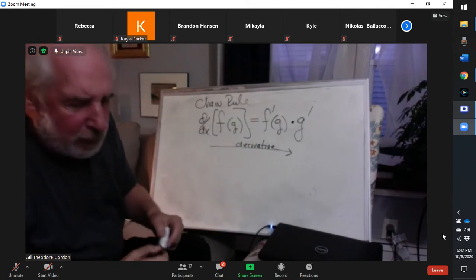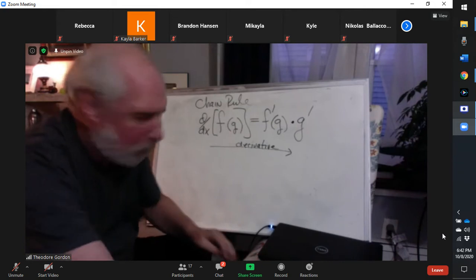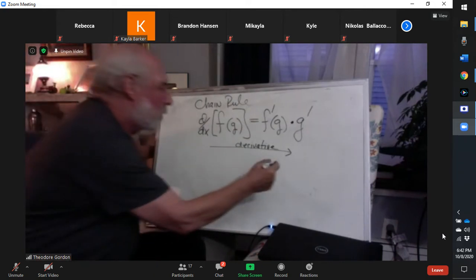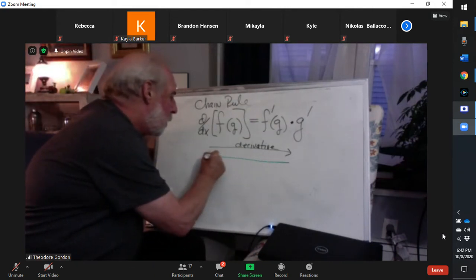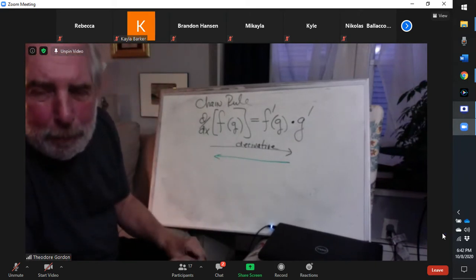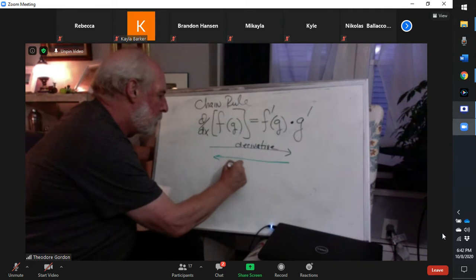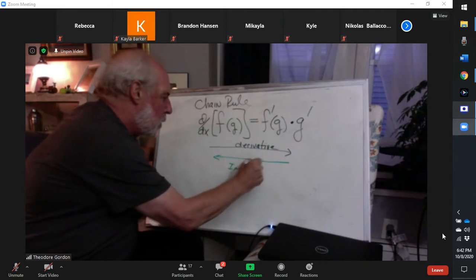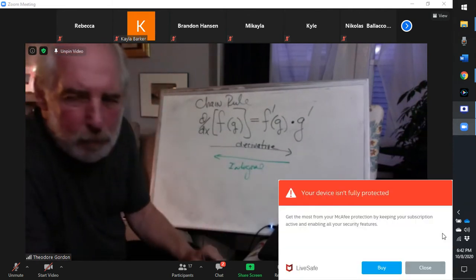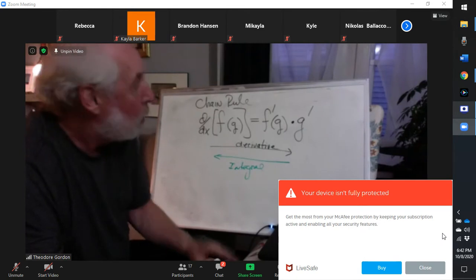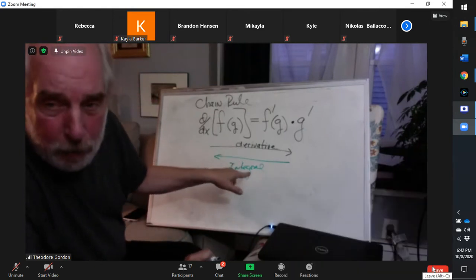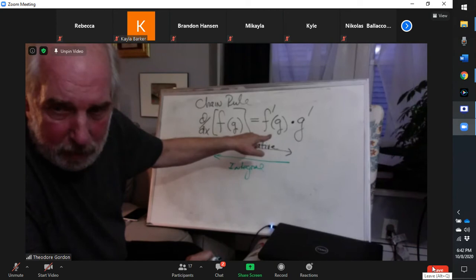But suppose we go the other way. In the other direction, we would get the integral. Now, you already know how to do an integral of this.